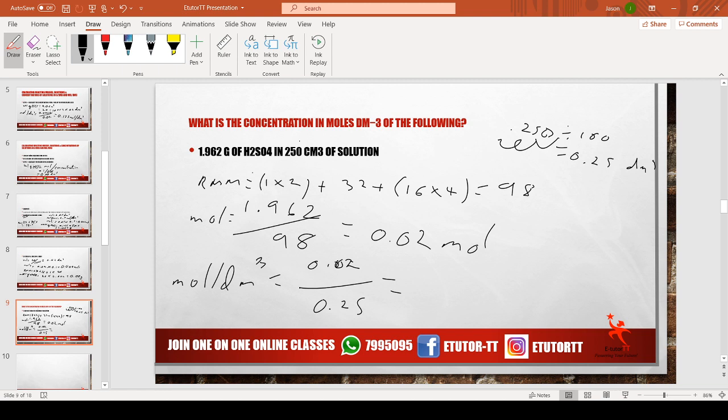Which gives us a concentration of 0.08 mole per dm cube. See? Simple.